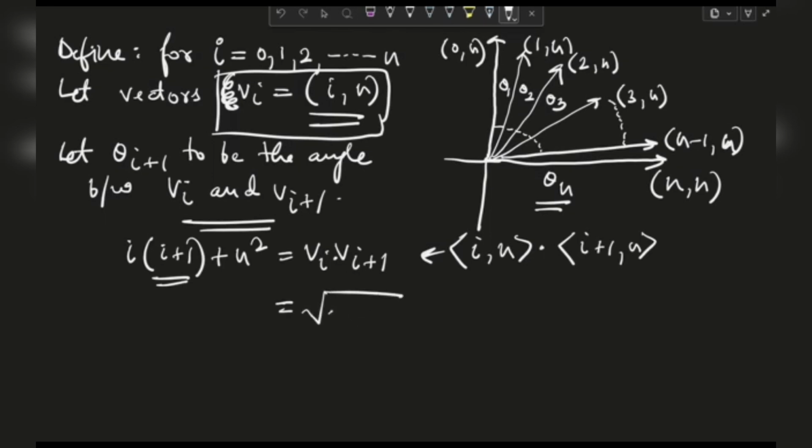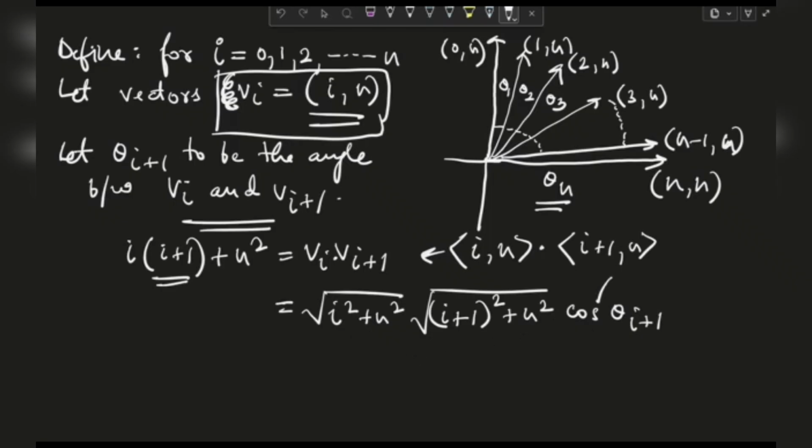So that will become root under i square plus n square into root under i plus 1 whole square plus n square, and this is multiplied by cosine of theta i plus 1. This is the actual expression for the dot product.